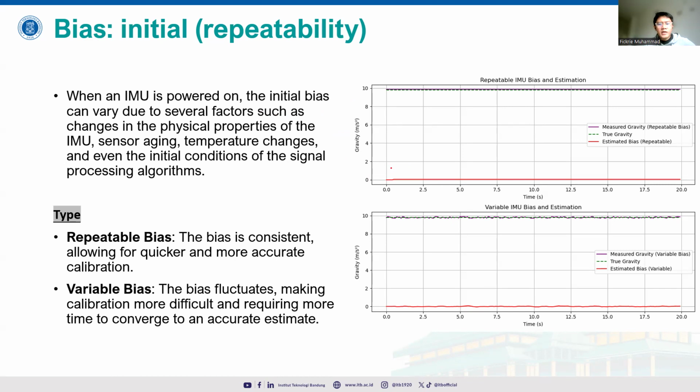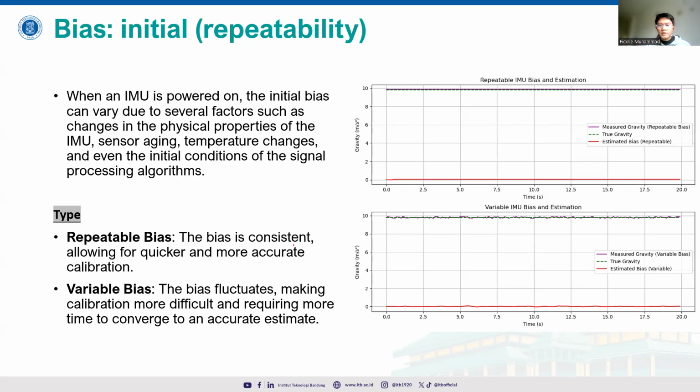Repeatable bias is the bias that is consistent, and because it's consistent, it allows for more accurate calculation. We can determine the consistent value of the bias and directly remove it from our measurements and estimations.